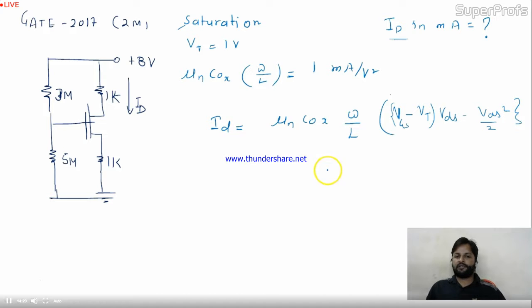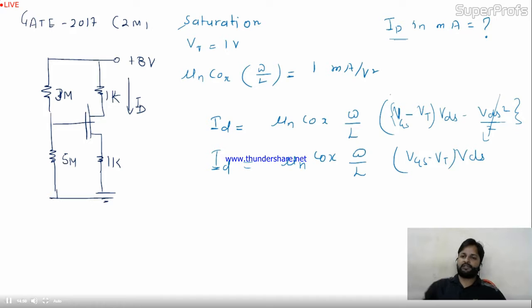Okay, but for the ohmic region, the VDS is very small. At very small value of VDS, the ohmic region occurs. So this term we can neglect. So we remain with ID equal to mu n COX W by L, VGS minus VT into VDS. Is it okay to you?